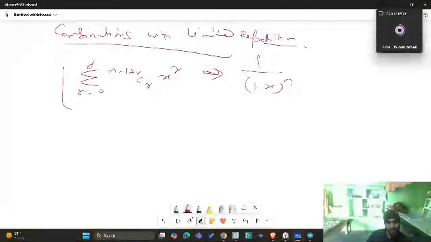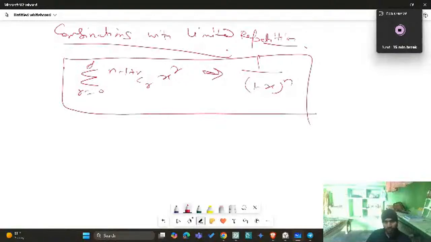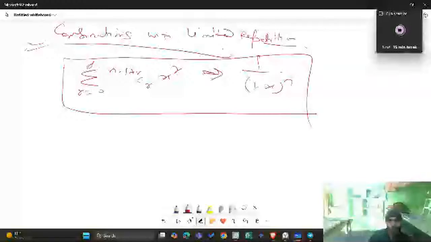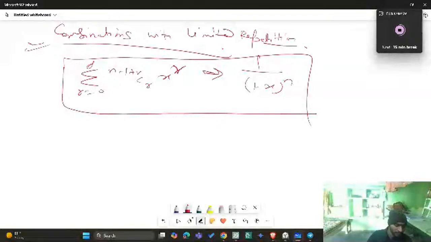So remember this generating function and have a very smooth journey in these types of things. This is r, this is not a square. This is r only.